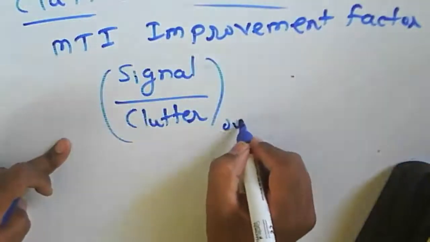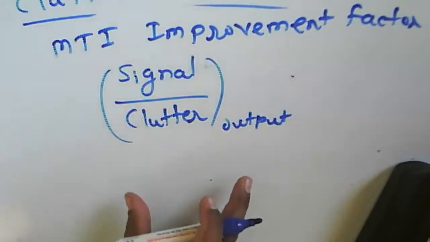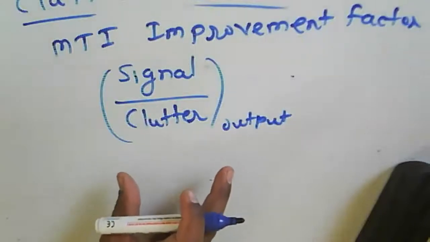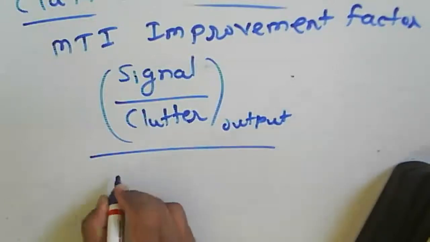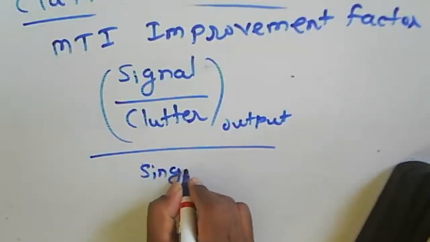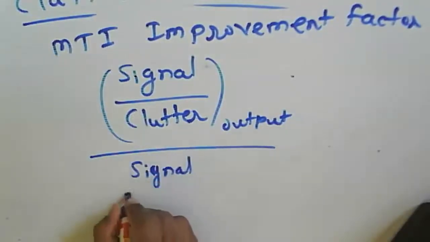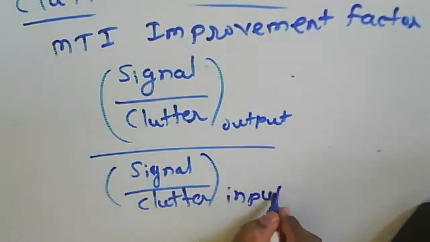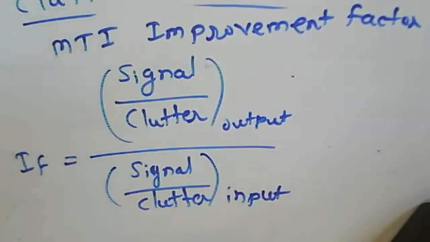So what will be the ratio we are getting across this output from the given particular filter? So after the filter, what will the signal to clutter output be with respect to the signal to clutter input we have given earlier? What will be the input we have?